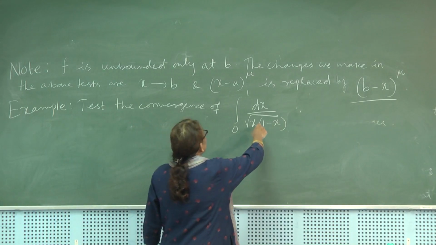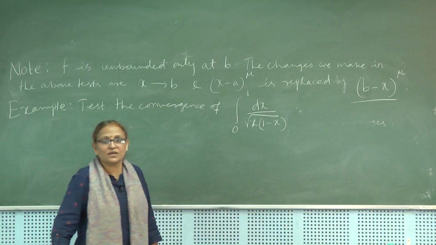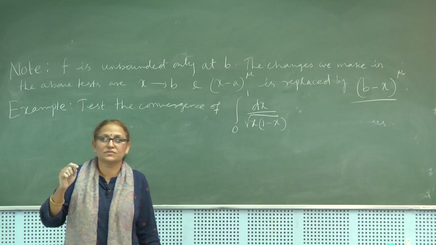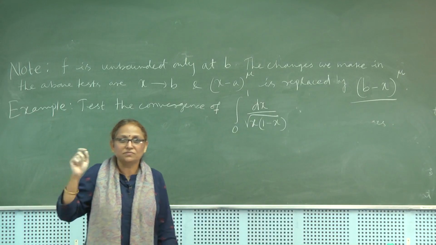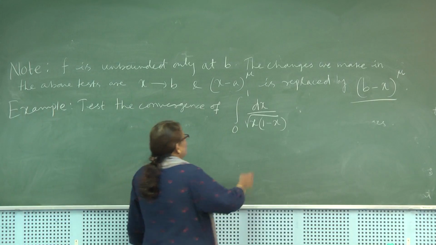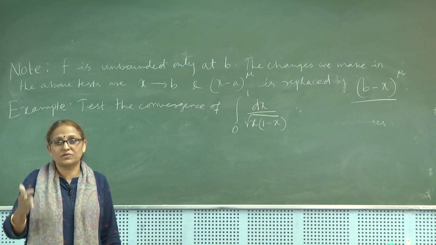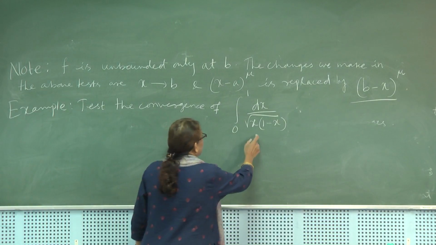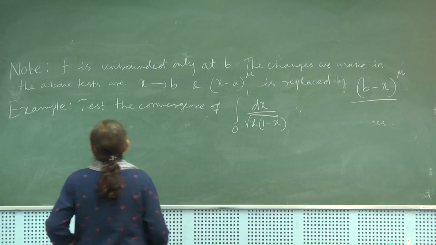We consider a number c in between 0 and 1, one improper integral from 0 to c and the other from c to 1, and we test the convergence of both. The given integral will be convergent if and only if those two improper integrals are convergent.